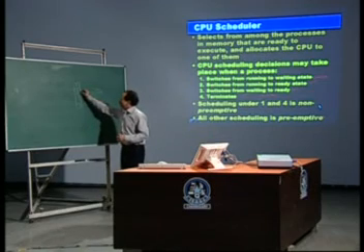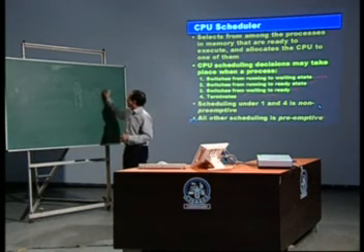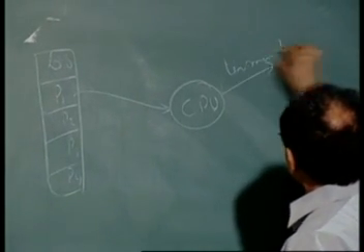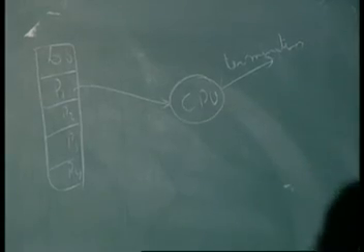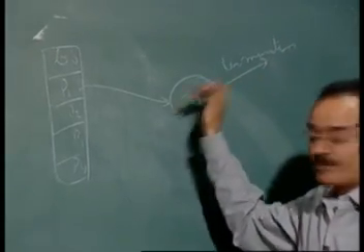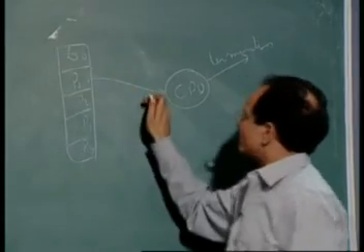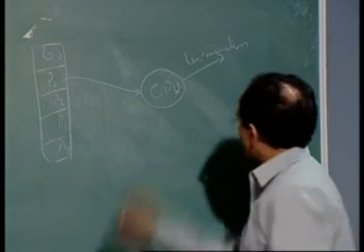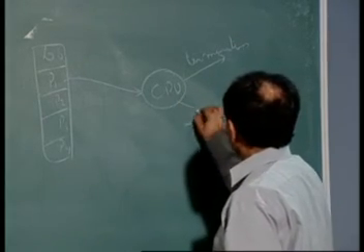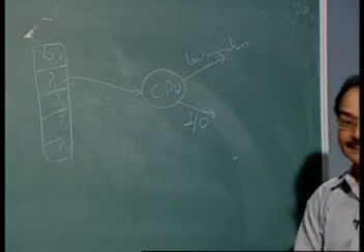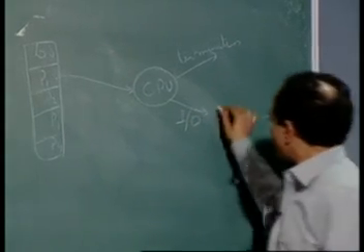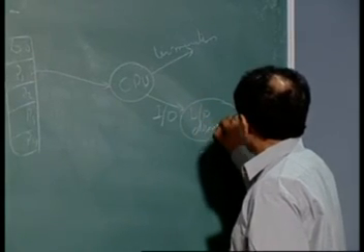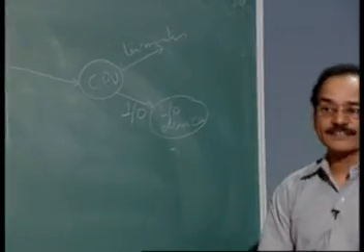Now, the moment all the steps of P1 are over and it terminates, then we say it is non-preemptive, meaning whatever instructions were there in P1 are over and it has terminated. Or it goes for IO, that is, some IO has to take place, and let us say there is some IO device for which there is a queue over there.